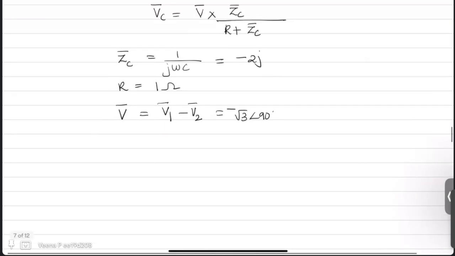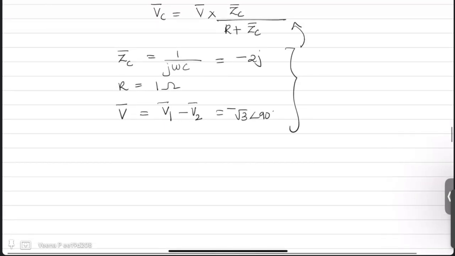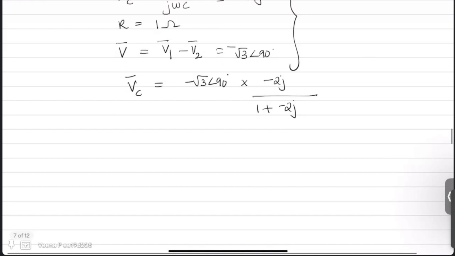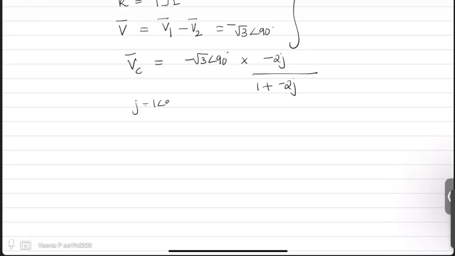So substituting all these values in the equation of VC, we will get VC as minus root 3 angle 90 degree times minus 2j divided by 1 plus minus 2j. J is nothing but 1 angle 90. So if you substitute this in your calculator, you will get VC as 1.54 angle minus 116.56 degree volts.